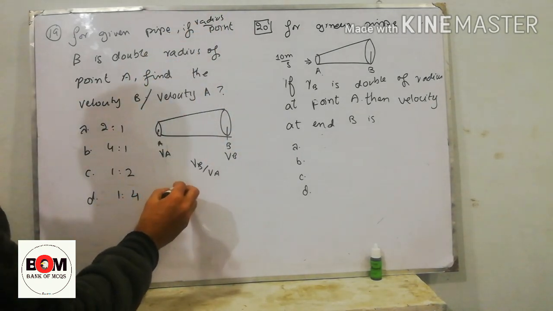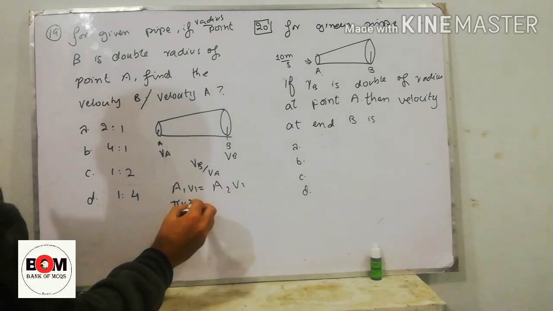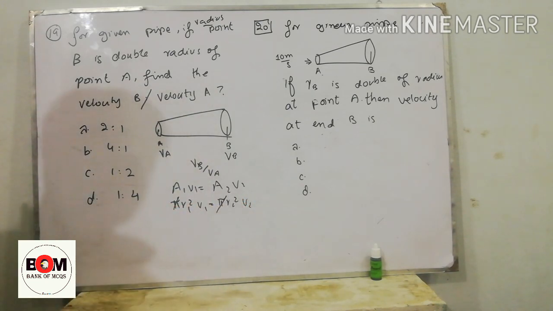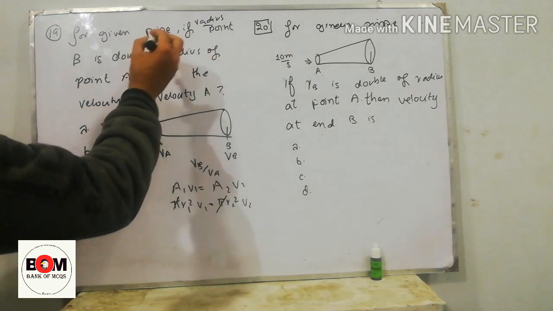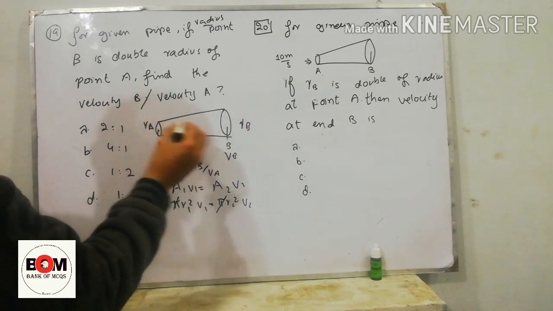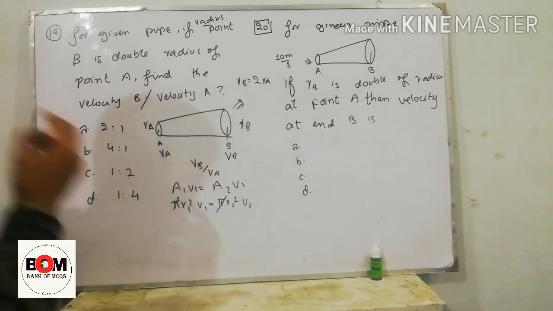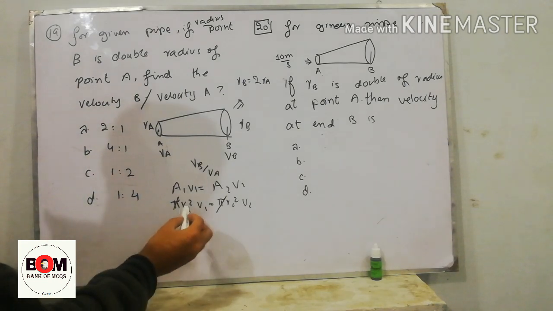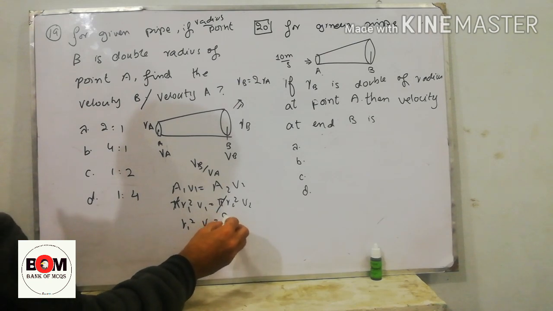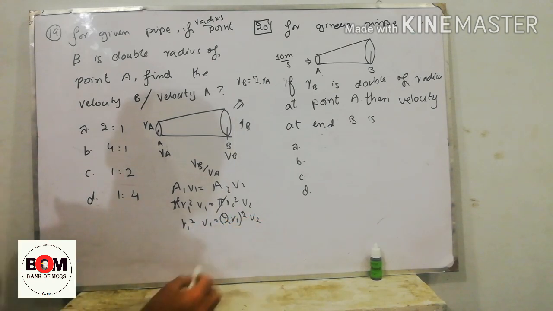We know A1 V1 equals A2 V2. Putting area equal to pi r square, pi R1 square V1 is equal to pi R2 square V2. Pi cancels with pi. In the question they have given that the radius at point B is double that of A, so RB is 2 times RA. So we can write R1 square V1 is equal to, as R2 is 2 times R1, 2 times R1 square V2.